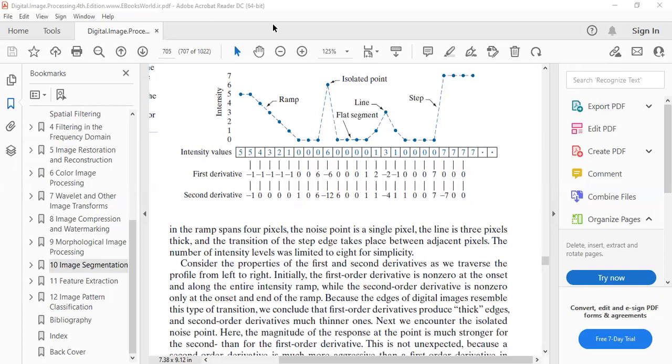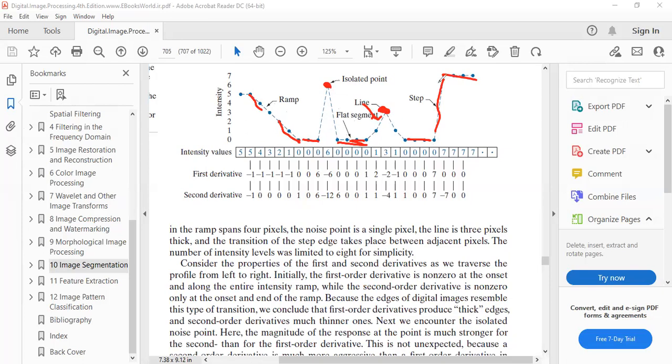Here this line is called an edge, and these are lines. And this is an isolated point, and these are some more isolated points.